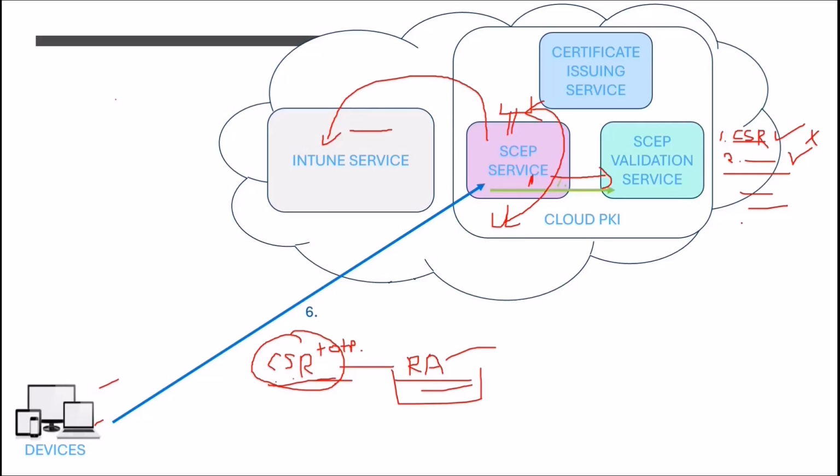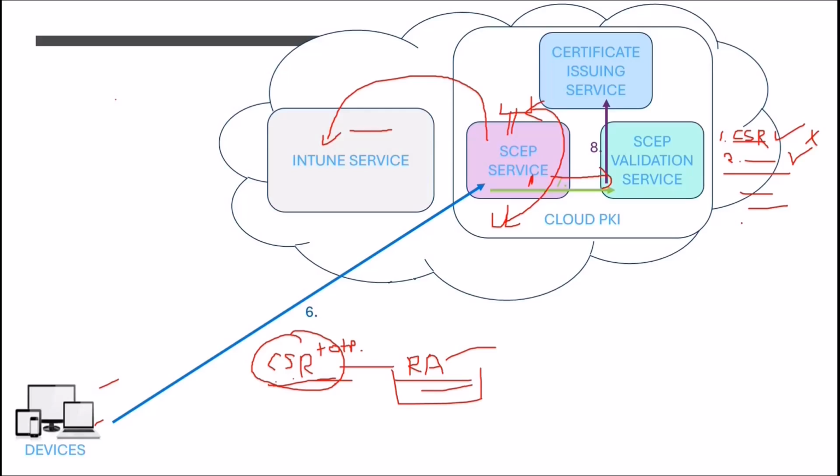In the next step, that is in step 7, we see that the SCEP service is reaching out to the SCEP validation service for validating the request and the challenge. Once the challenge has been validated, the SCEP validation service is going to reach out to the certificate issuing service. This certificate issuing service is also, think of it like a component of Cloud PKI. The certificate issuing service is now going to issue a certificate on the basis of whatever was there in the CSR.